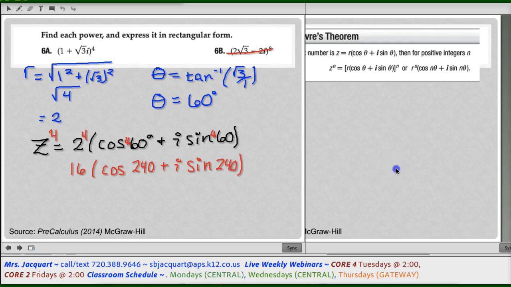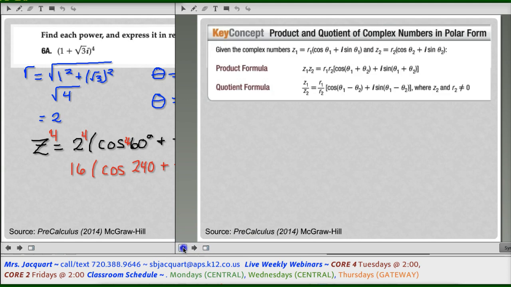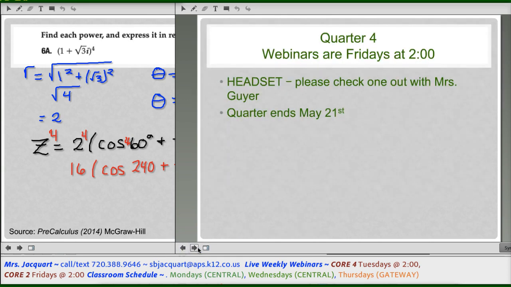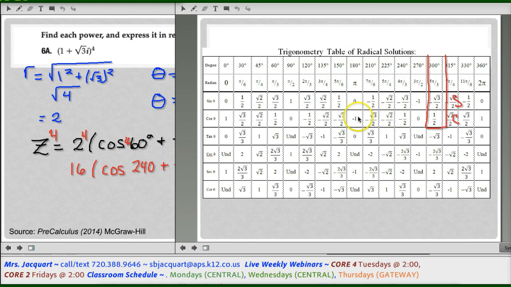And then we're going to use our trig chart. Here's my trig chart. And what did we say it was? 240, cosine 240. This is my sine and this is my cosine.